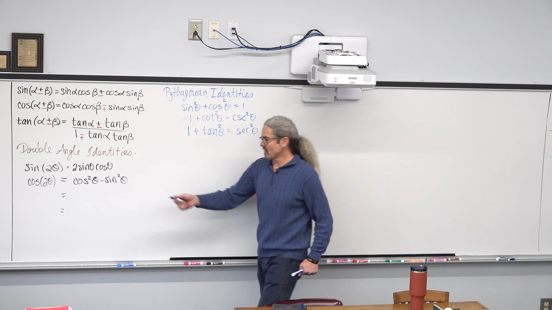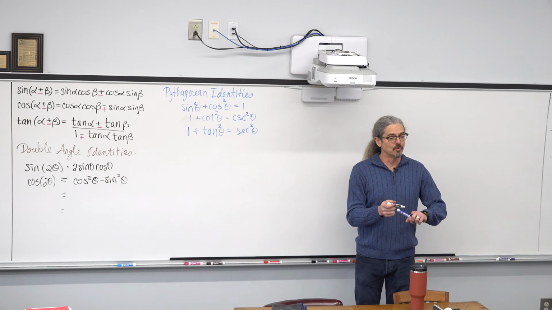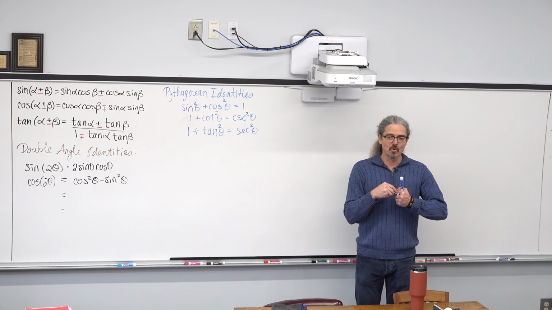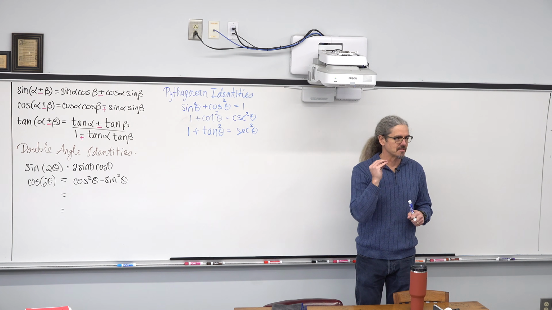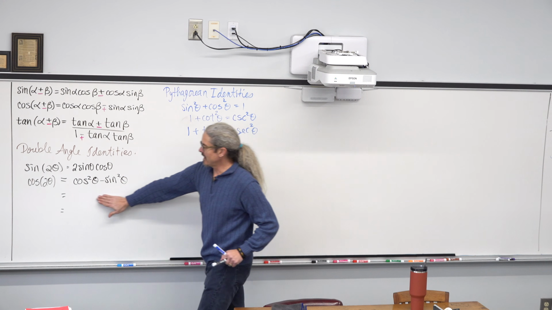But there are 3 versions of this double angle identity for cosine, and if you're doing proofs, it's going to be really important that you choose the most convenient of the 3. There is a version.